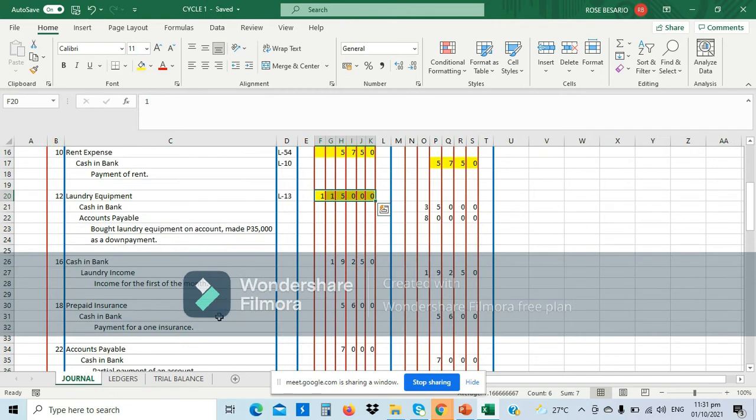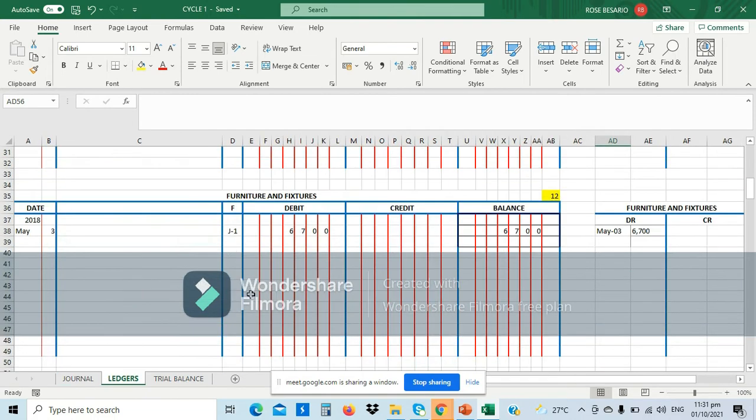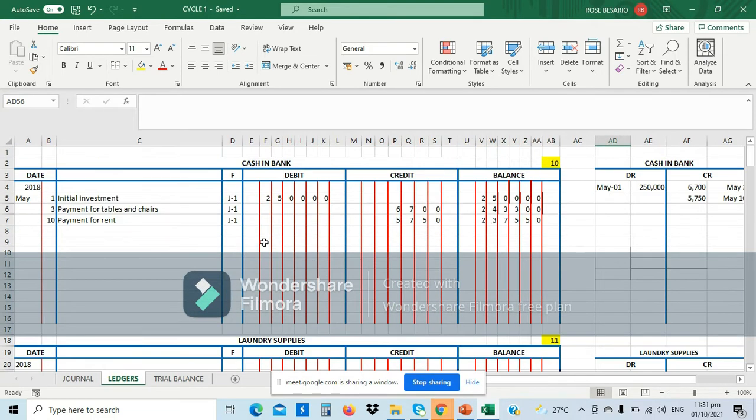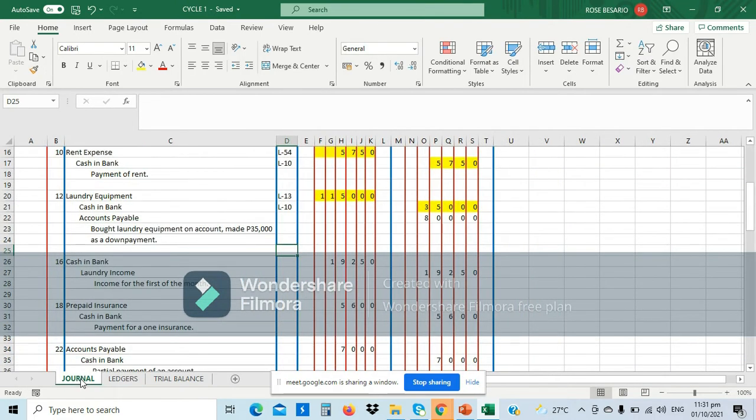Okay, then our next entry is cash in bank, 35,000 credit. So this is to be transferred to L10, memorize it. Okay, then L10, 35,000. So go to your ledger number 10, cash in bank. So this is 12.